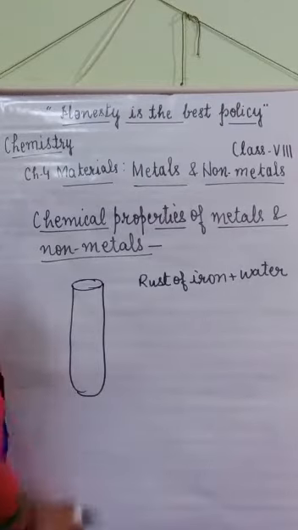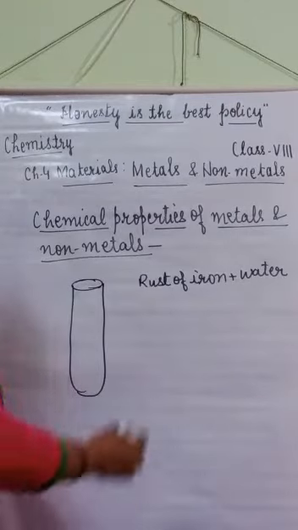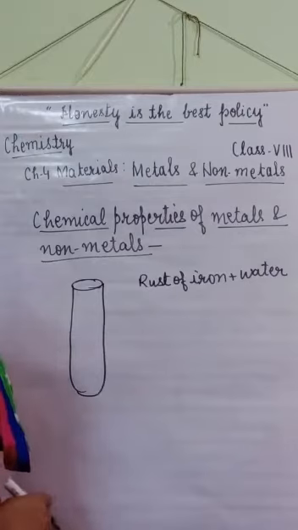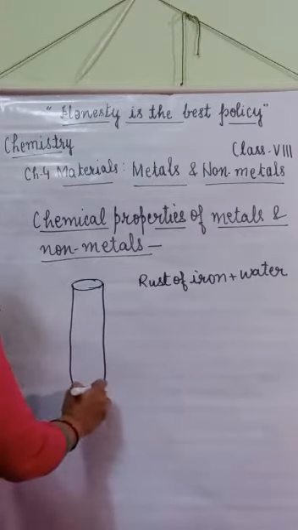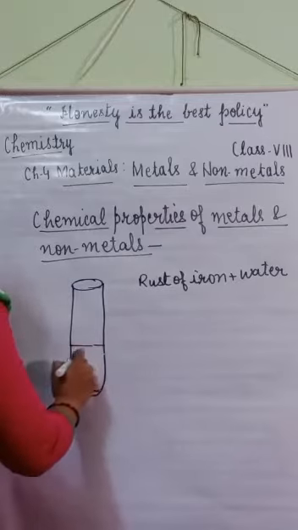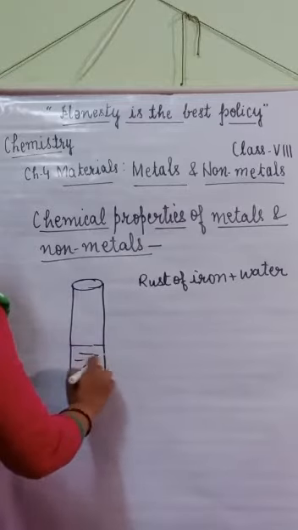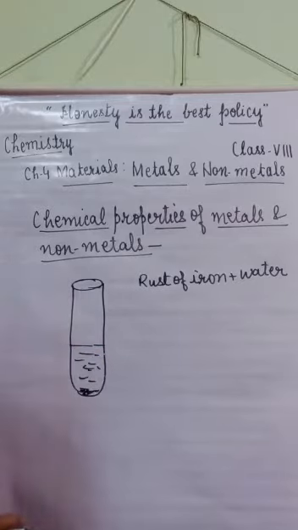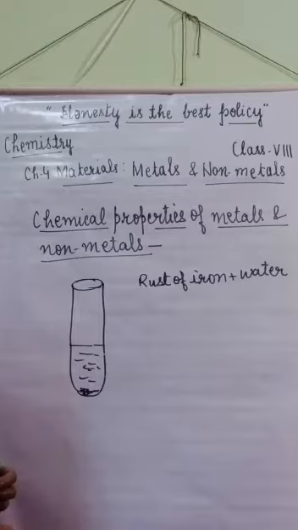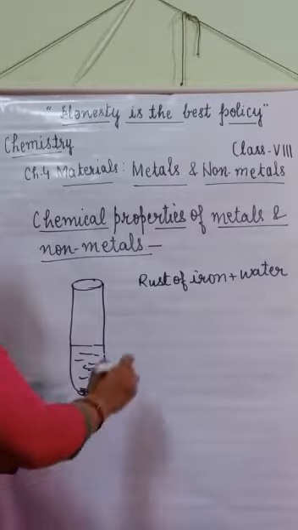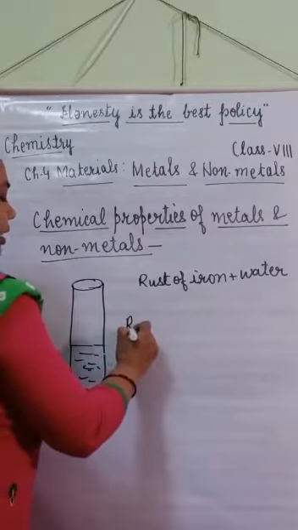We will take a glass test tube and a spoonful of rust, put it in the test tube and dissolve it in water. Now take red litmus paper or blue litmus paper to check whether it is acidic in nature or basic in nature. So first we will take red litmus paper.